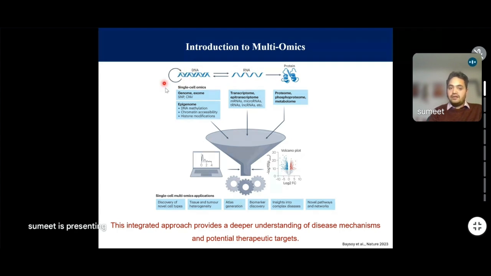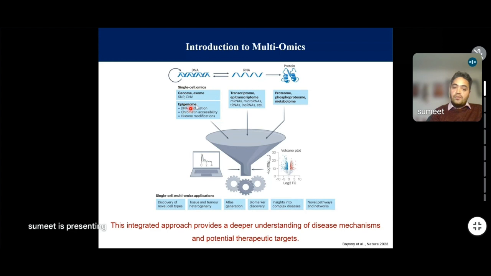DNA can be replicated, DNA can be transcribed into RNA, and then you have protein. Ultimately, what really matters is a functional protein, because that's what is going to have a physiological effect on the cell, and eventually will show some physiological effect at an organ level or at an individual level.